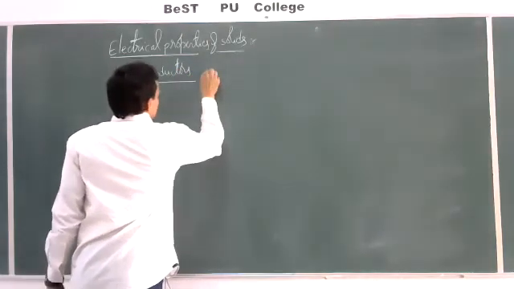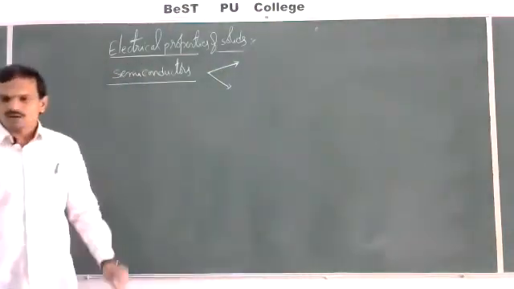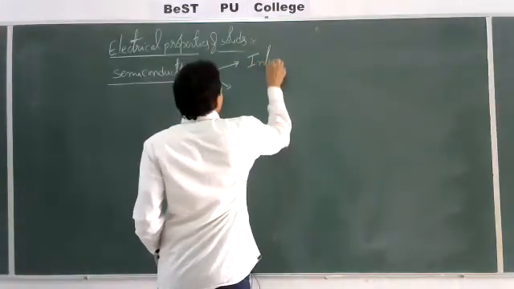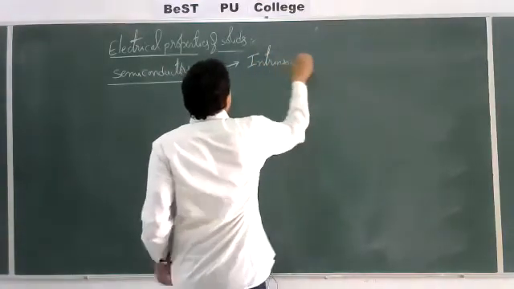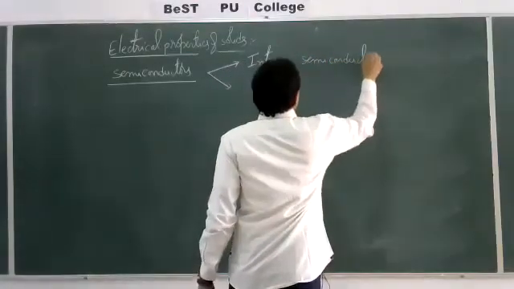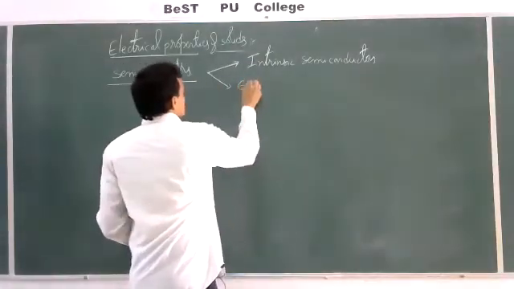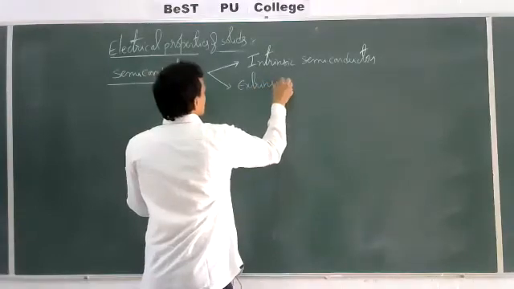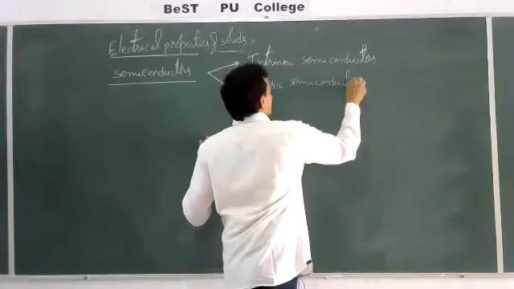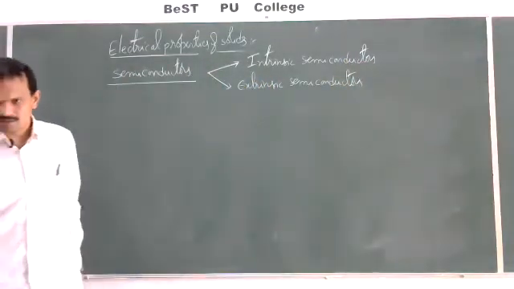These semiconductors are further divided into two types: intrinsic semiconductors and extrinsic semiconductors.